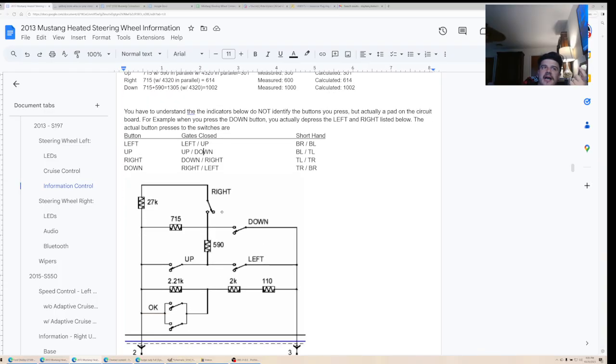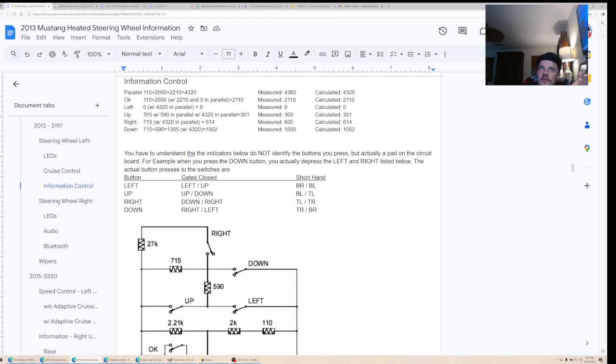I also have a 715 here when I press that, because remember the down gate closes. So I get the 590, I get the 715, and I get this 4320. So you have to calculate 715 with 590 in parallel and another 4320 in parallel, which calculates out to 301. When I measured it, I get a 300, and my calculated result was 301.